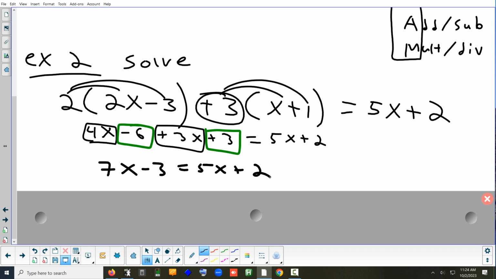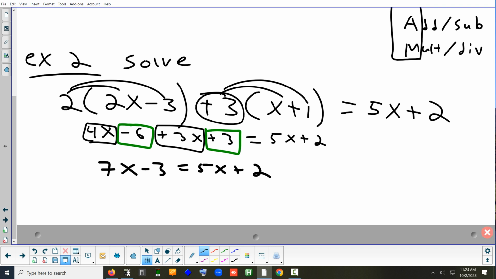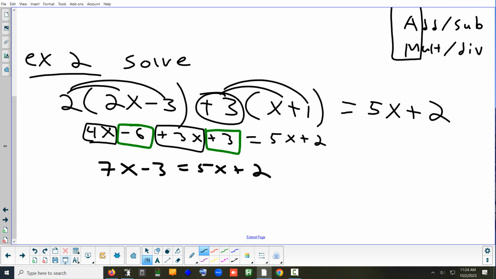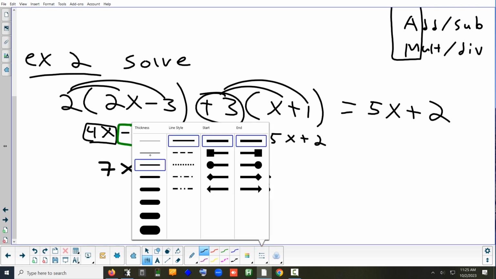Okay, now we're into the adding and subtracting. So anything we can add and subtract from side to side to start to get x by itself. Anyone see something we can add or subtract? You can add 3. Okay, so we can add 3.